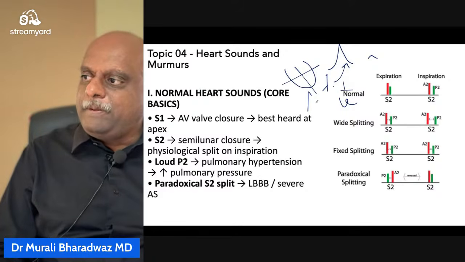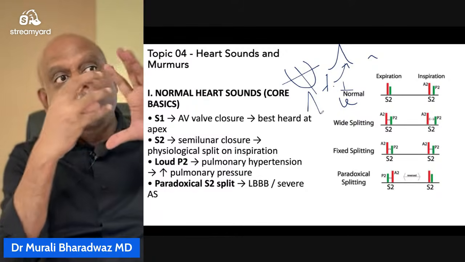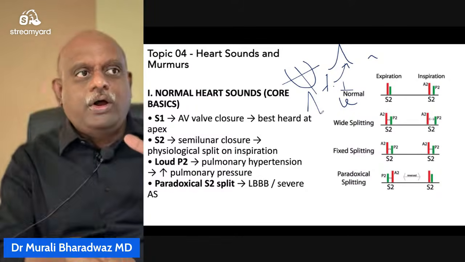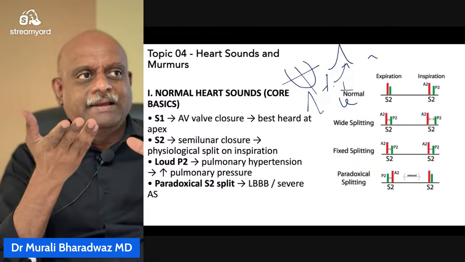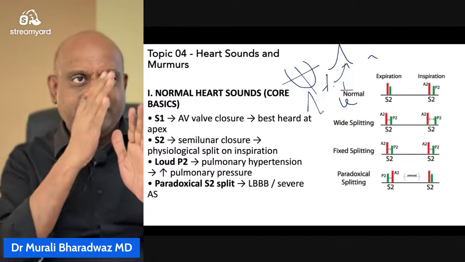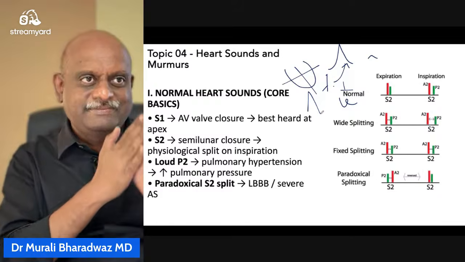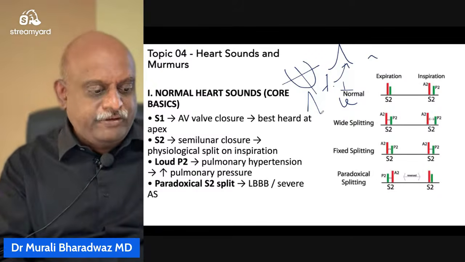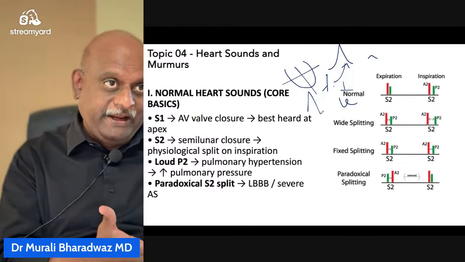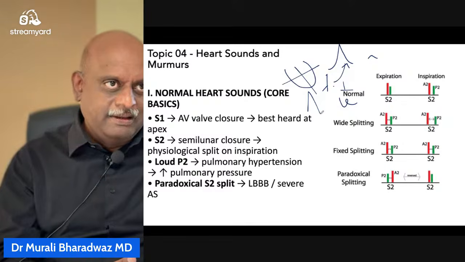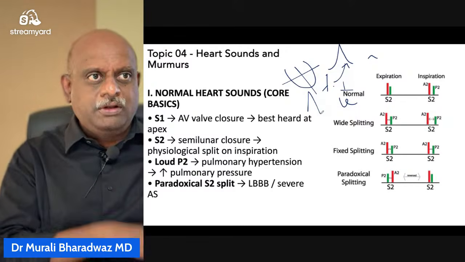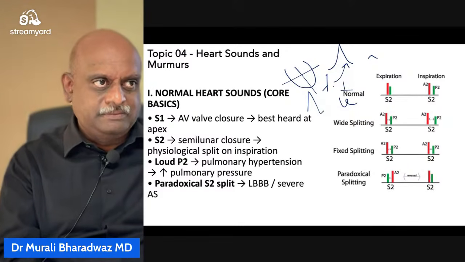So whenever high amplitude is there, you have to use the bell. Low amplitude, high frequency, you have to use the diaphragm. Are you clear? Diaphragm for low amplitude, high frequency. Bell for high amplitude, low frequency. Clear?